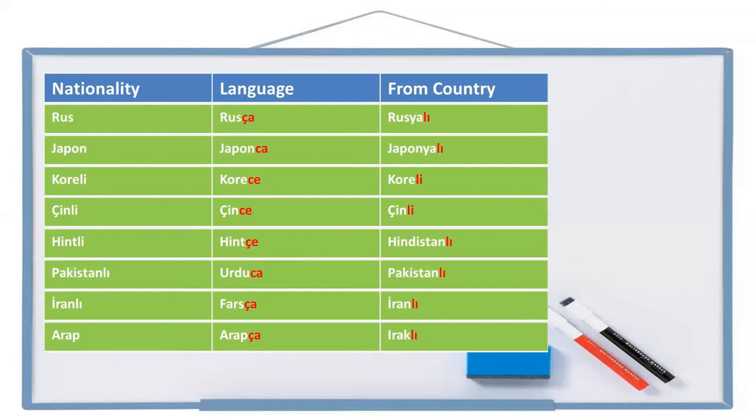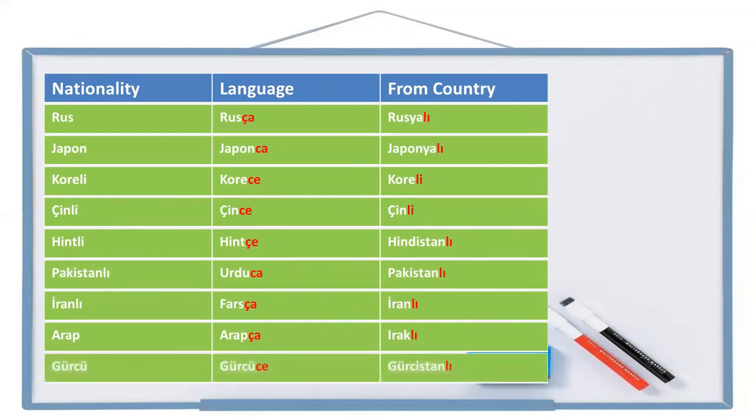From that country, Iraklı. And lastly, Georgian as a nationality is Gürcü, and the language is Gürcüce. The country Georgia is Gürcistan, and from that country, Gürcistanlı.